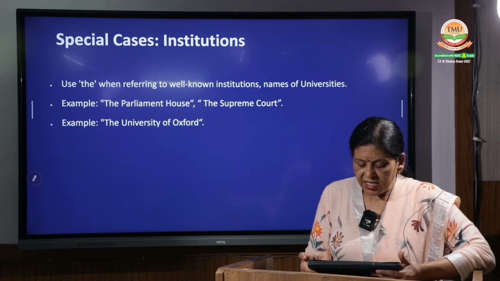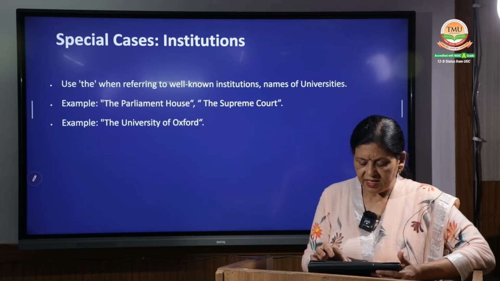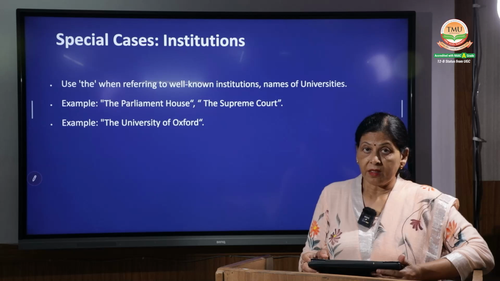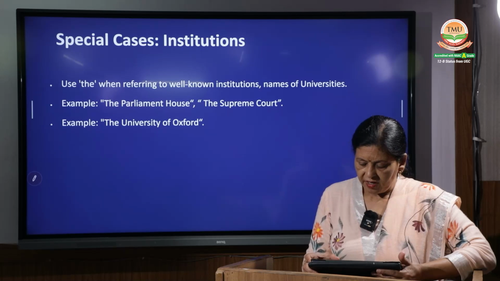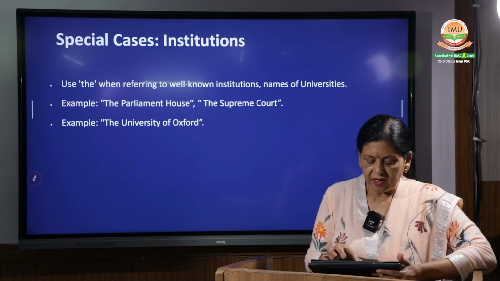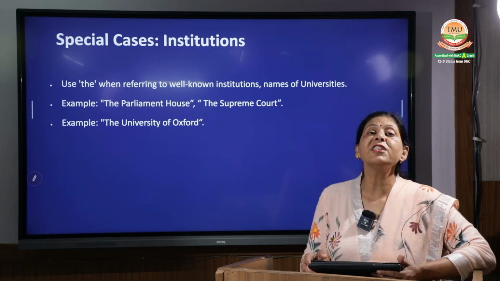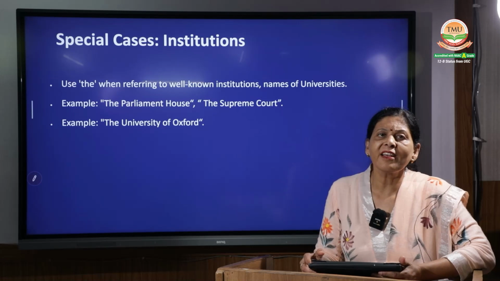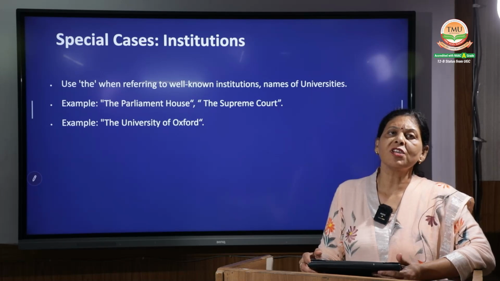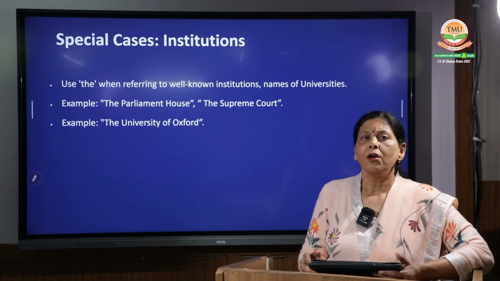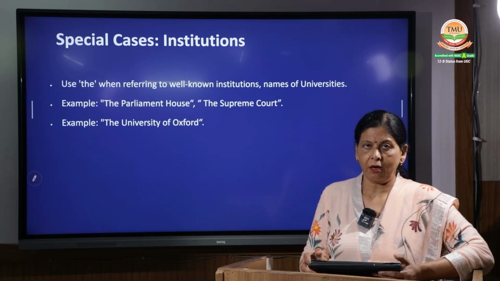Next is in specific cases, that is, the is used in some special cases as the name of institutions. In special cases, the name of institutions like the University of California.